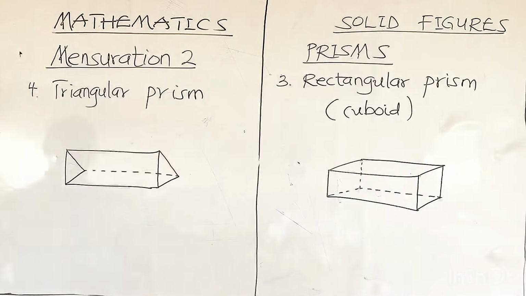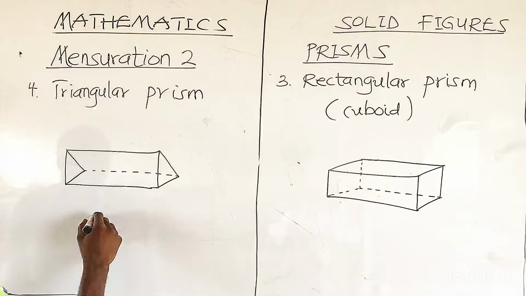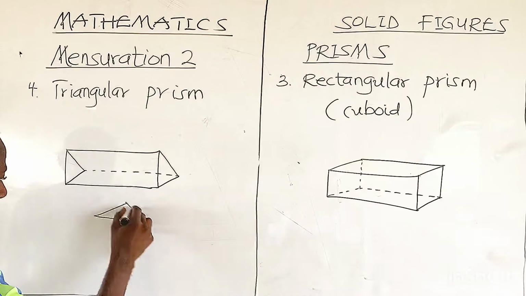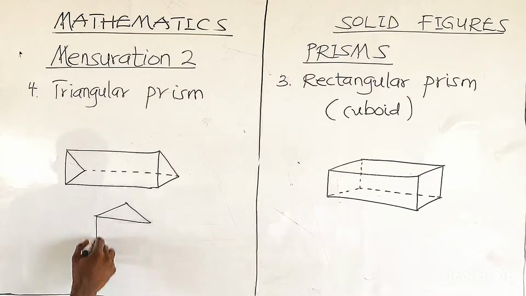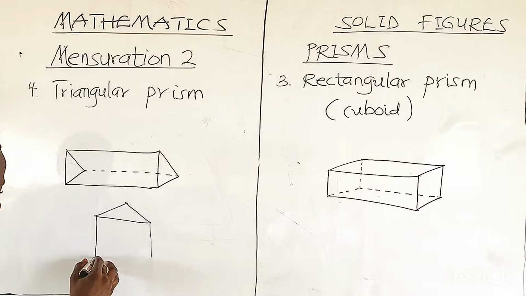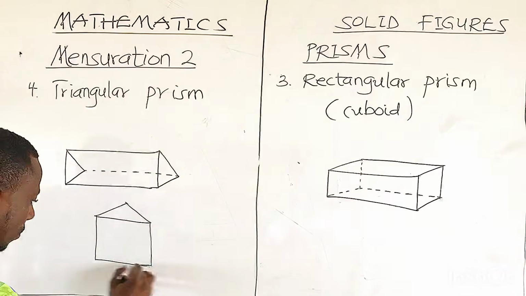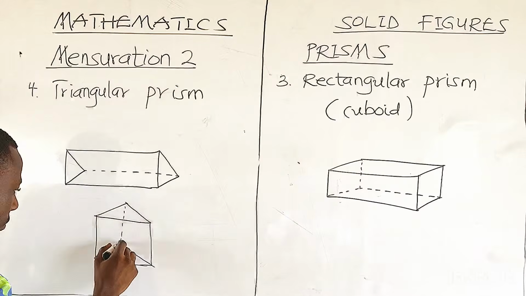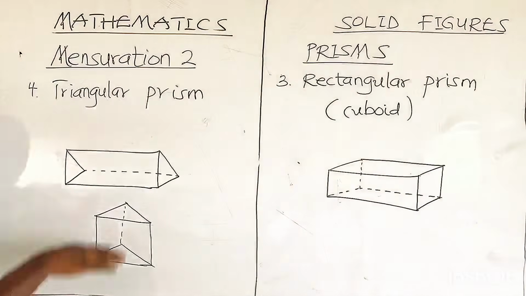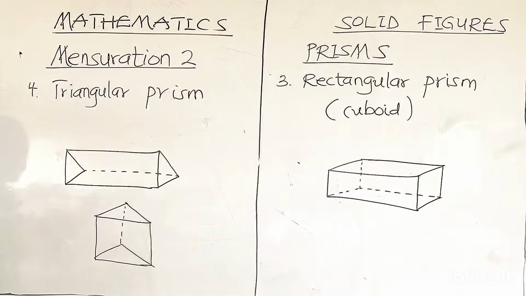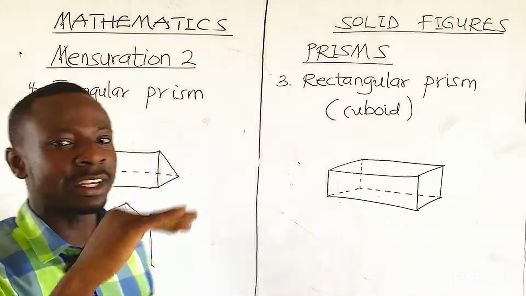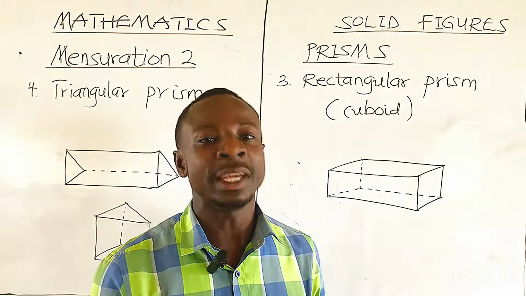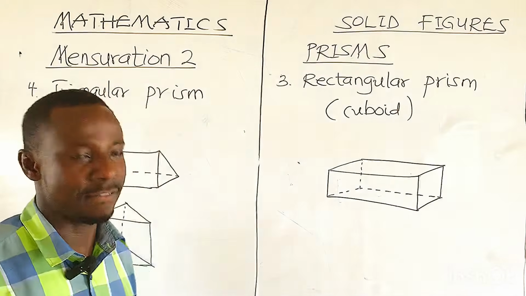Now this sketch can also be drawn like this. So a triangular top and then a triangular base. So basically when you talk about prisms, this is when the top of the solid figure is the same as the base of the solid figure.